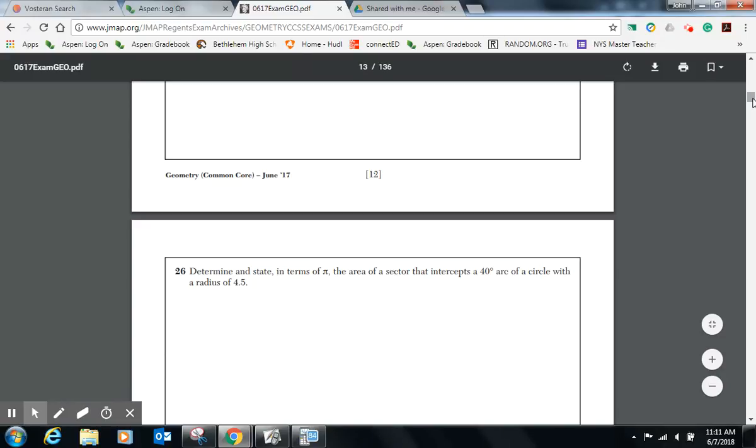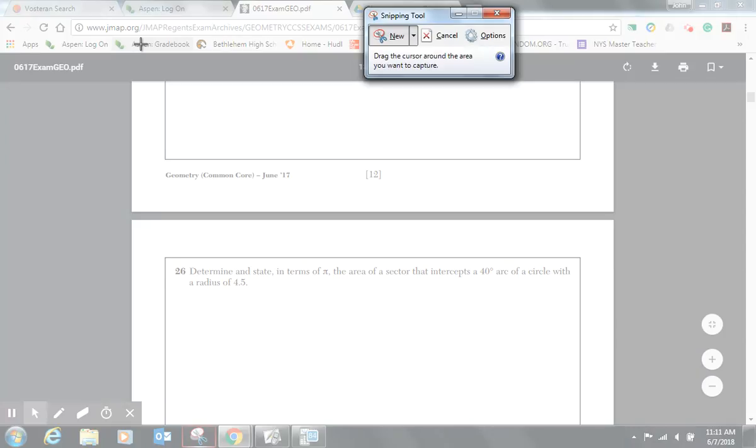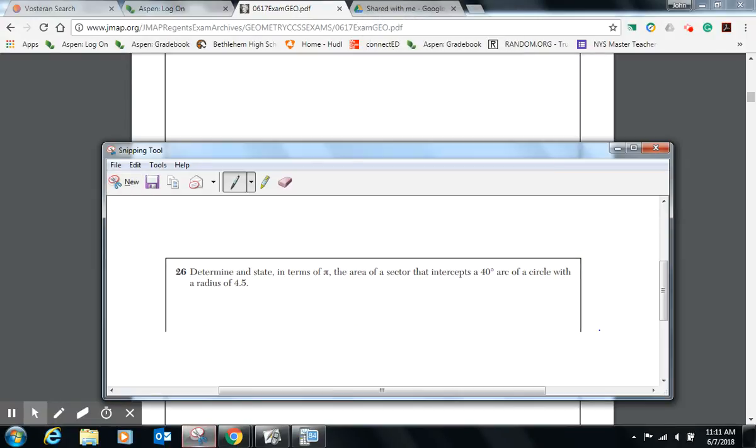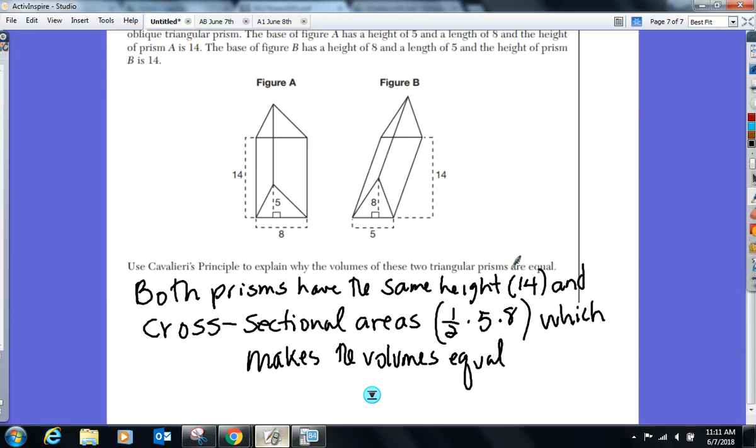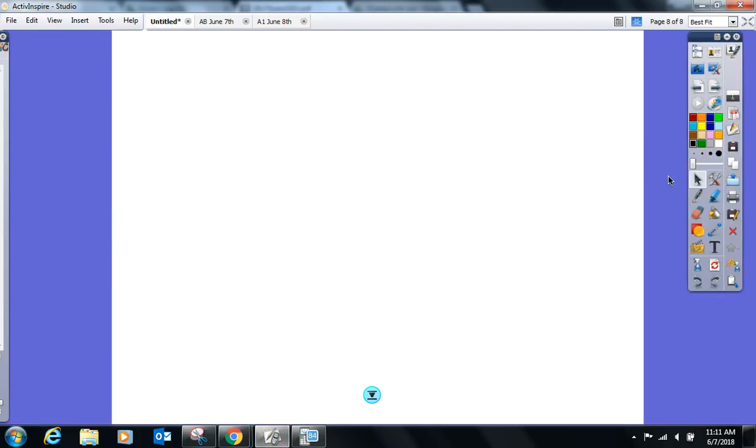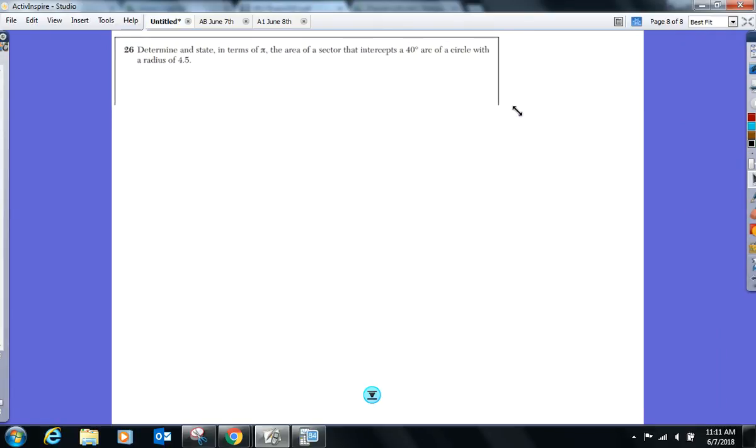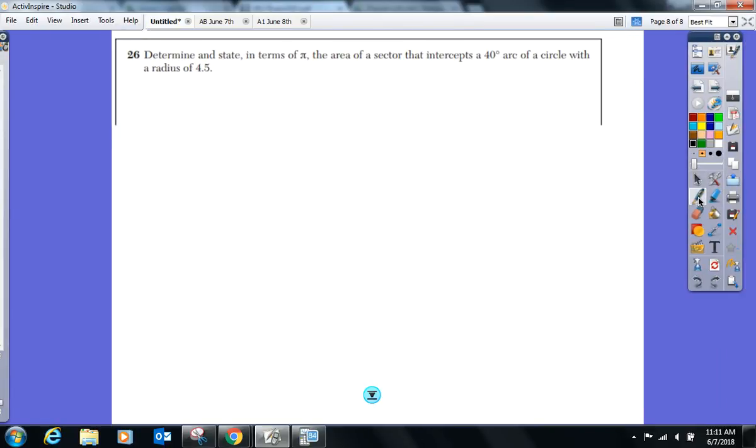Area of a sector, that's a formula I need to know. It's not on the reference sheet. There are two formulas for a sector, one in radians, one in degrees. What is given to me here? Degrees, correct? I don't want to just give it to you.